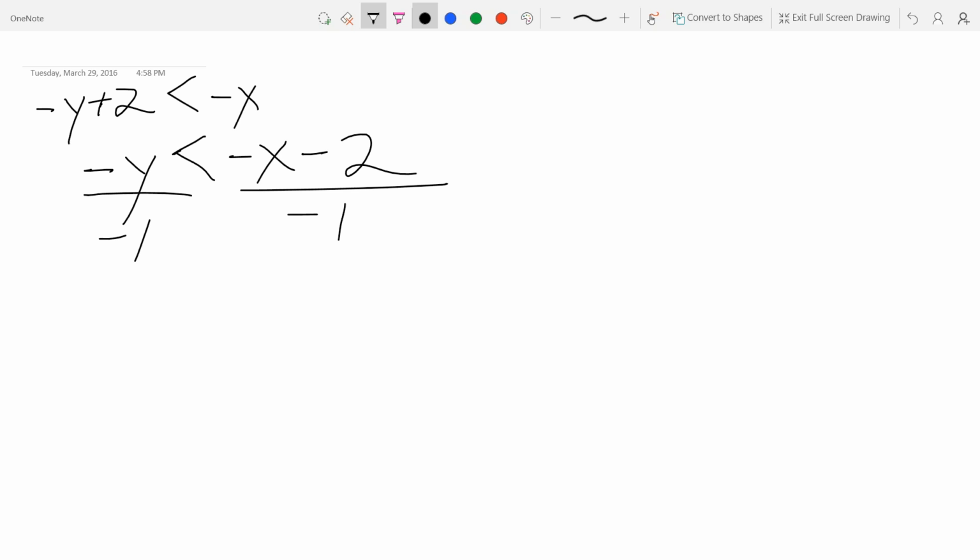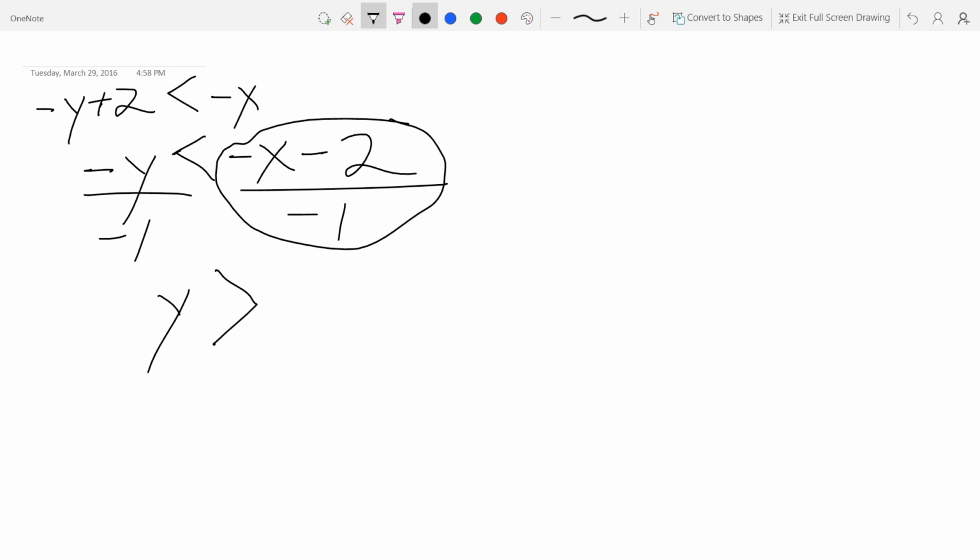So y is less than -x minus 2 over... Hold on. Remember the rule? What's the difference between inequalities and equations? If you divide by a negative number, the sign flips. Very important. There's no way you're getting the right answer without doing that.